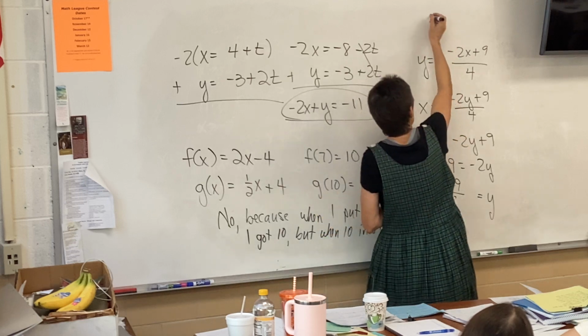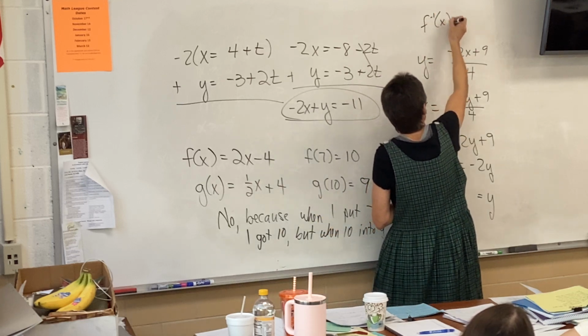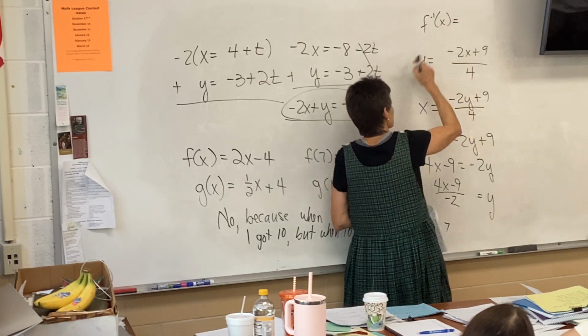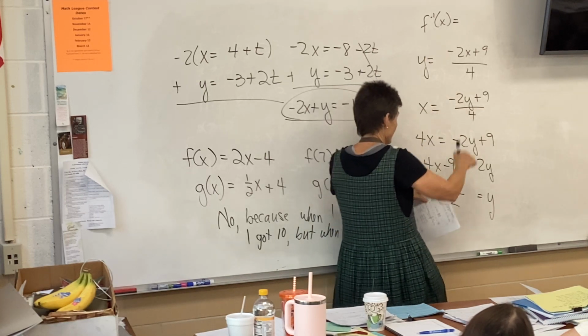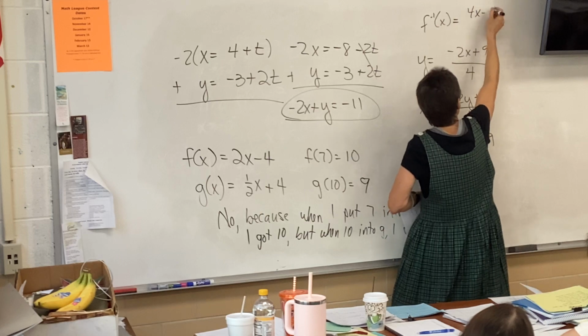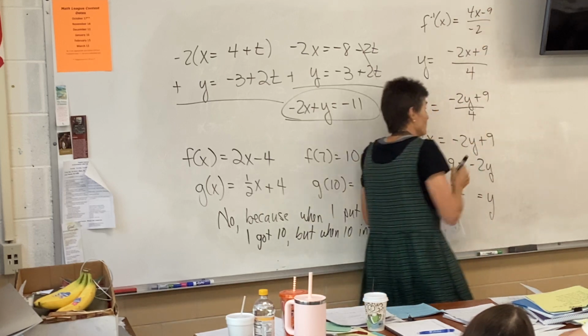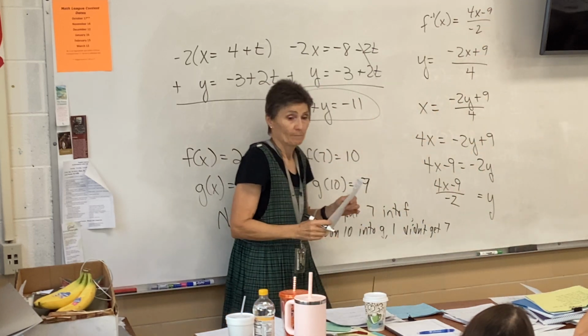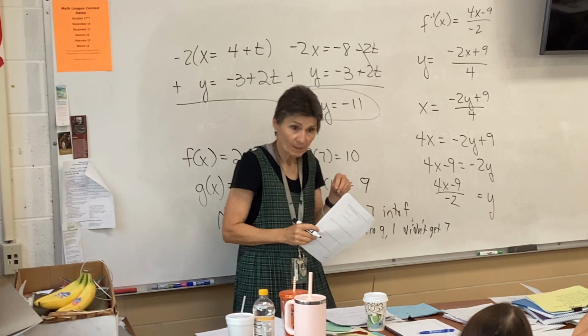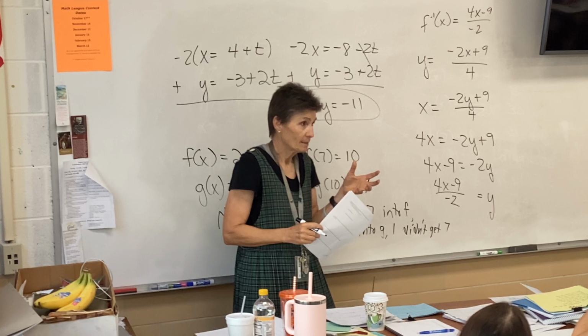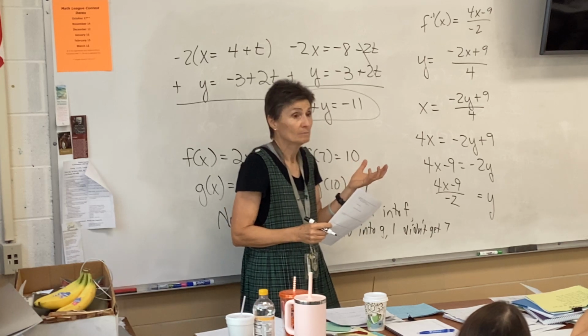And then I'll write my answer with function notation. So f inverse is (4x minus 9) over negative 2. So what are our steps again? We turn the f of x into y, switch the variables, and then get y by itself.